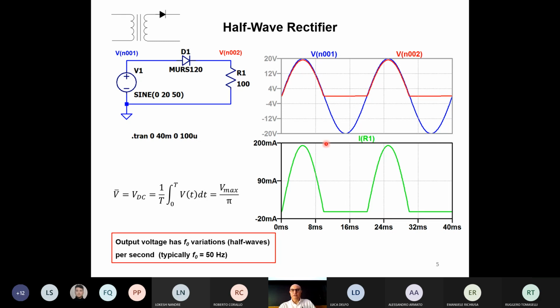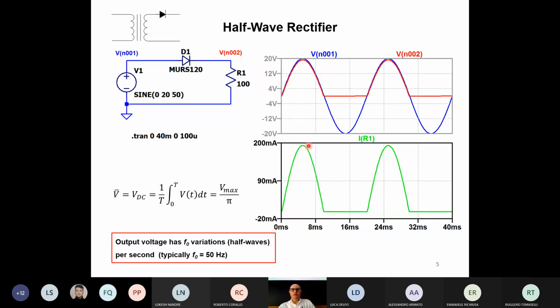Another interesting thing to see is the current, the green line, which is the current through the resistor R1. If you see here, the current through resistor R1 follows precisely the voltage across the resistor. You just divide the voltage by 100 ohms and you get the current. It's perfectly the same. So the 0 milliamps is here.